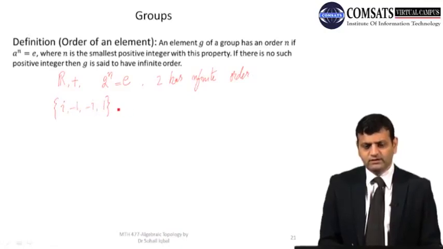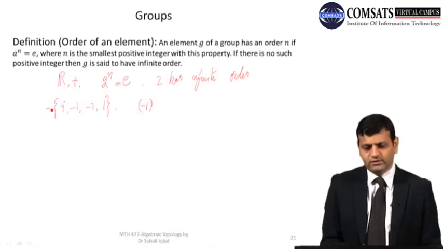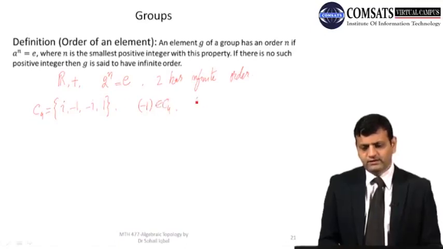On the other hand, if we consider this cyclic group generated by iota with elements iota, minus 1, minus iota, 1, and I take an element, let's say minus 1, belonging to this group C4, then we can see that minus 1 raised to power 2 is equal to 1, which is the identity element.